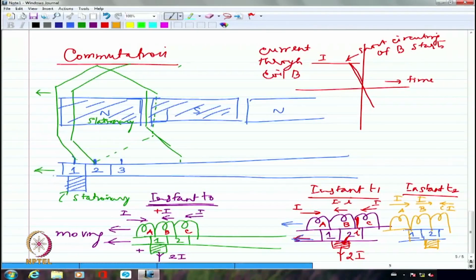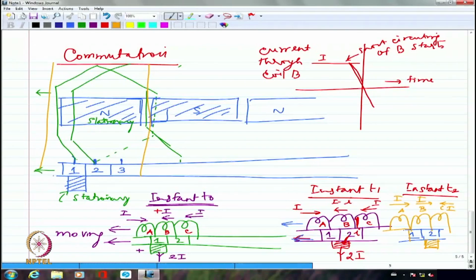But if I have armature reaction, which is very much there, I told you that the neutral axis gets shifted. Originally, I was having the neutral axis here and here, for example. The neutral axis gets shifted.